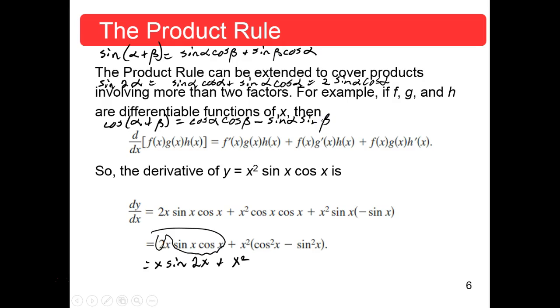And by the way, just for your cultural enlightenment, inside the front cover there's a page that looks like it's perforated, sort of a cardstock page. And these are called the double angle formulas.